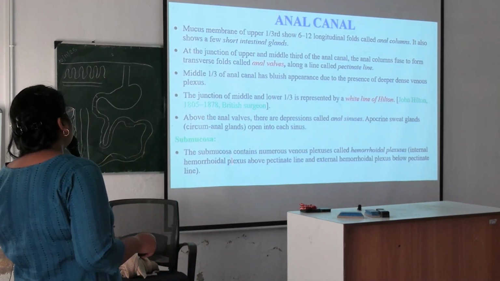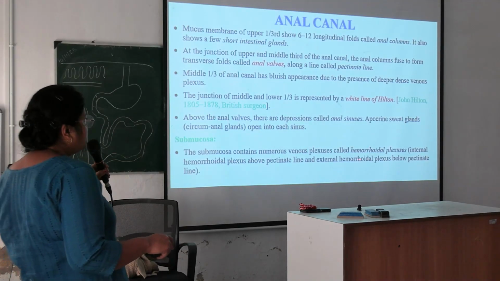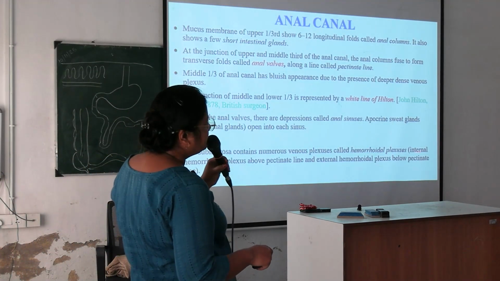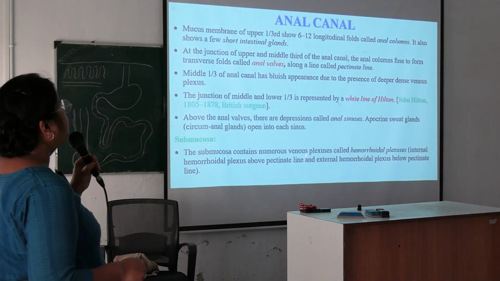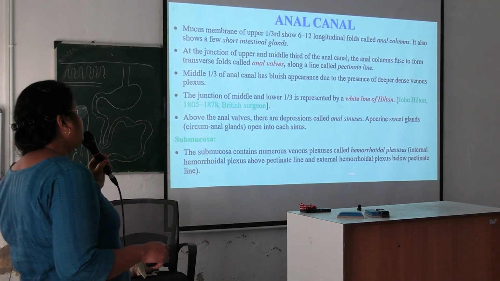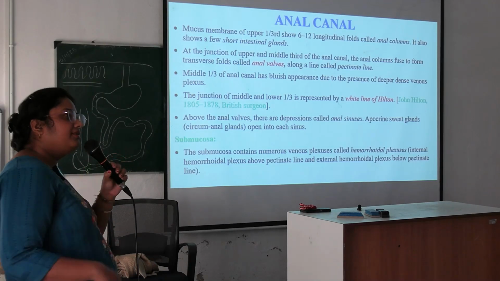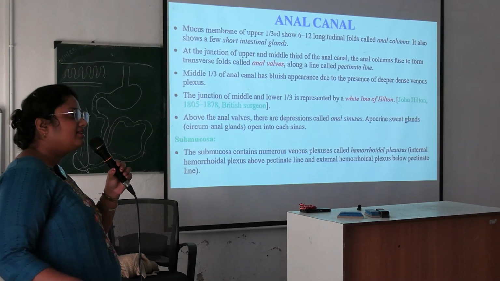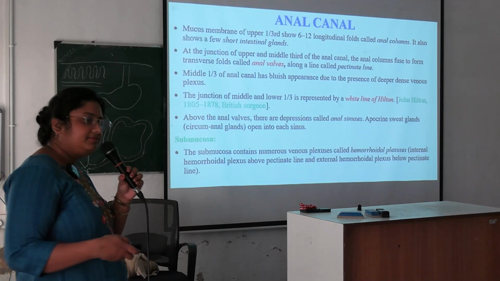Next we are going to submucosa. Submucosa contains numerous venous plexuses called the hemorrhoidal plexuses: internal hemorrhoidal plexus above the pectinate line and external hemorrhoidal plexus below the pectinate line. That's how you differentiate internal piles and external piles according to the location of the pectinate line.